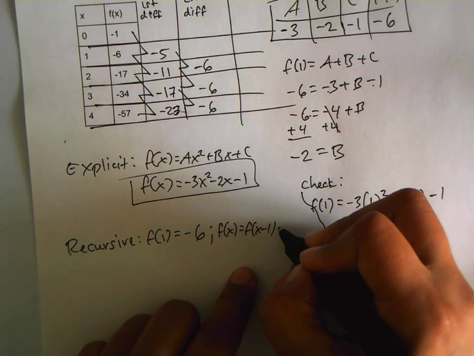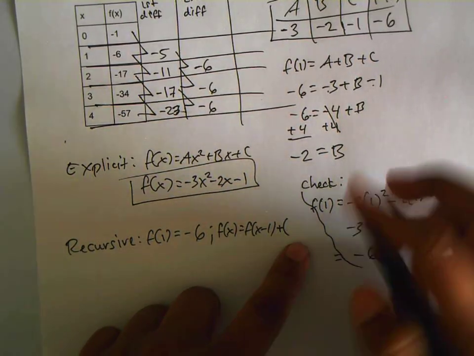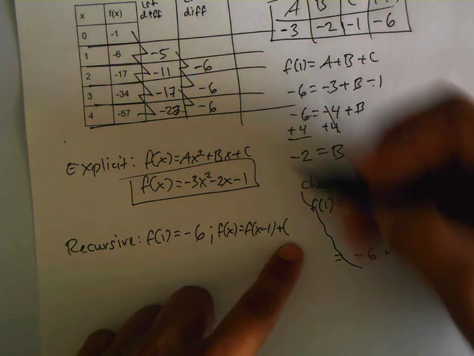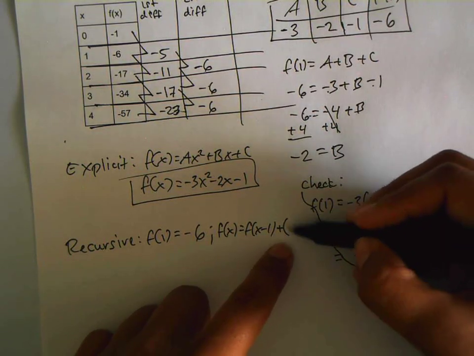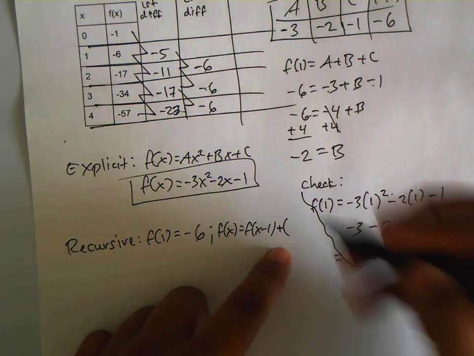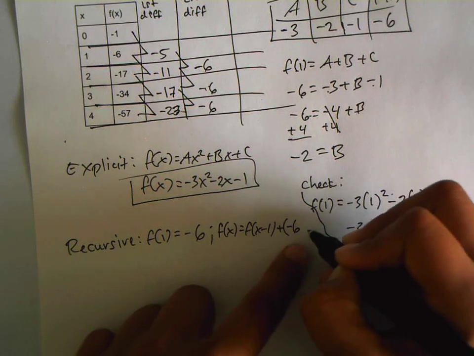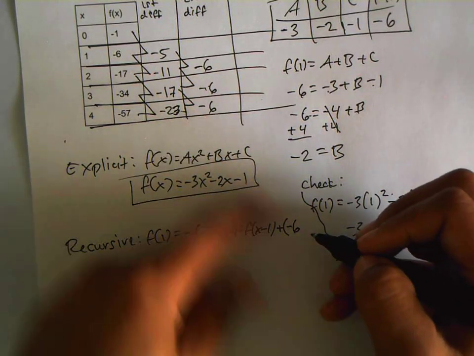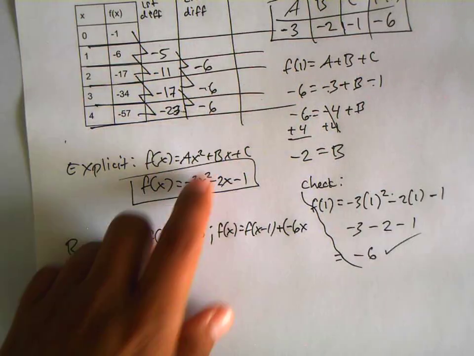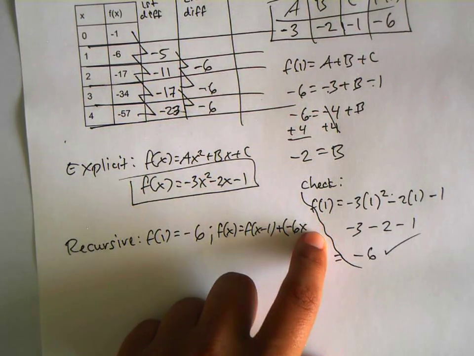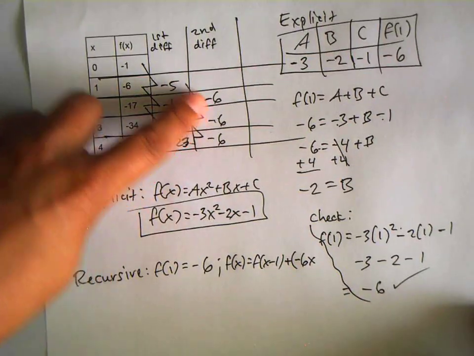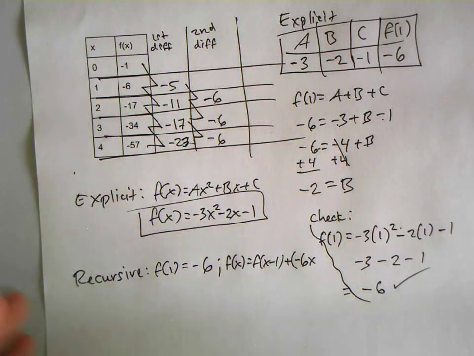So if you want to add the plus here and then put parentheses, because you're going to have a negative, that's fine. You could also leave out this plus in parentheses and just put the negative in there. So we're going to have negative 6, and remember, this coefficient of x is going to be the second difference. Now to figure out what we're going to be adding, again, you can do this backwards, but with the negatives, it might be a little bit confusing.